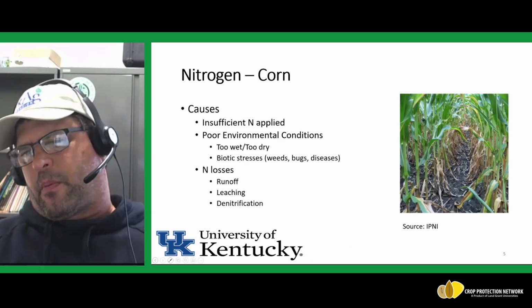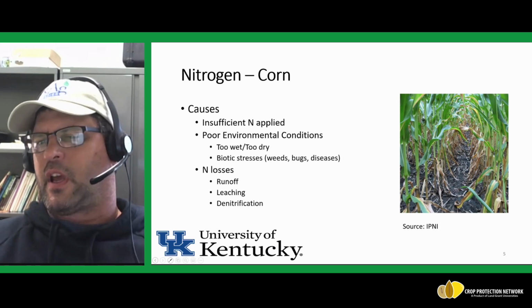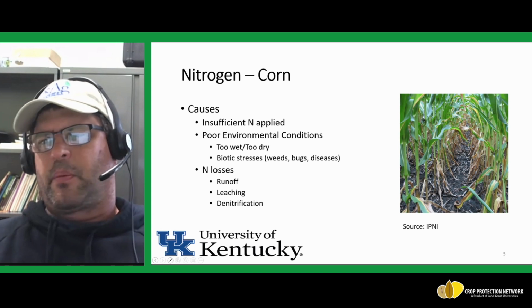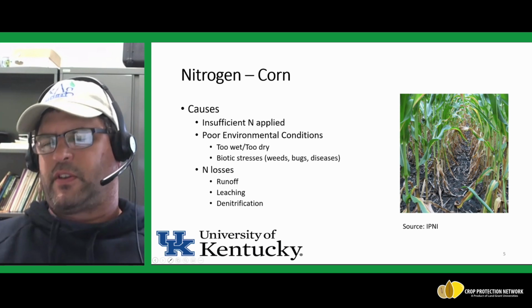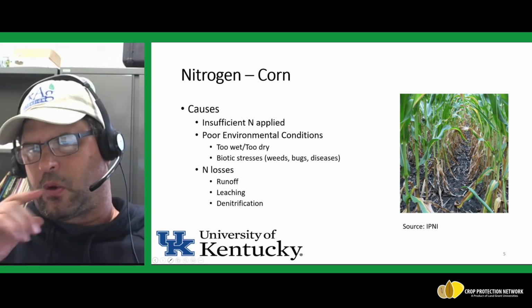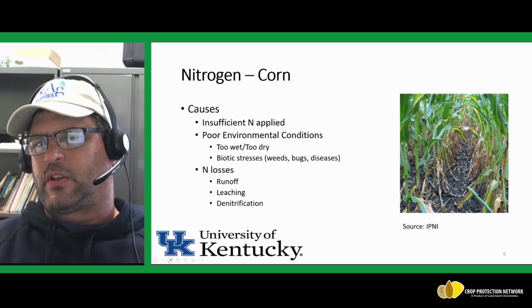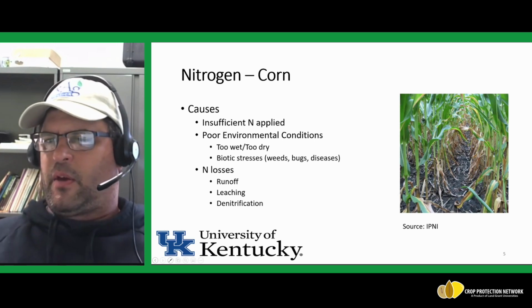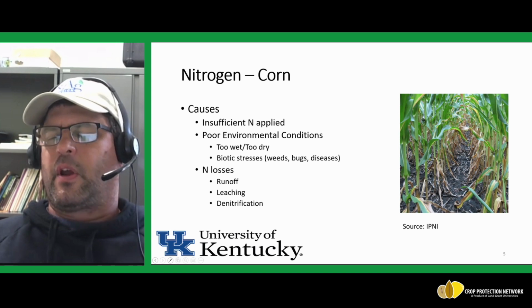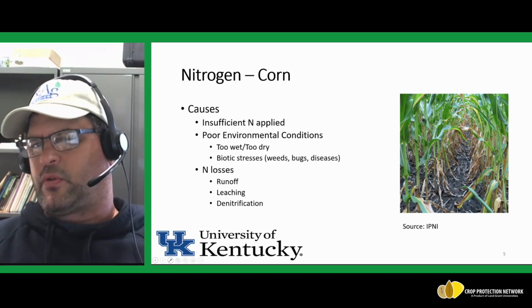Some of the causes, well, the first most obvious is insufficient nitrogen applied. If you don't apply enough, you can see nitrogen deficiency pretty readily in corn. Some other factors could be the environmental conditions. It's either too wet or too dry. If it's too wet, if the ground is saturated with water, the plant cannot take up nutrients.